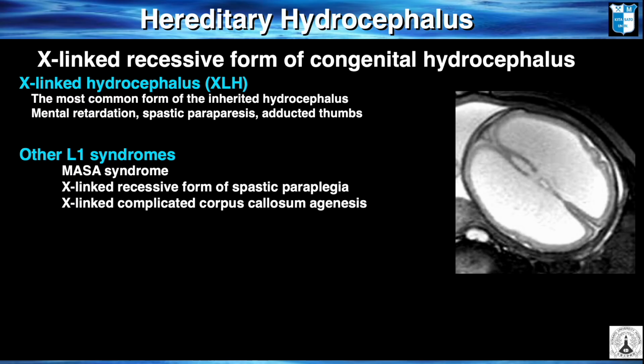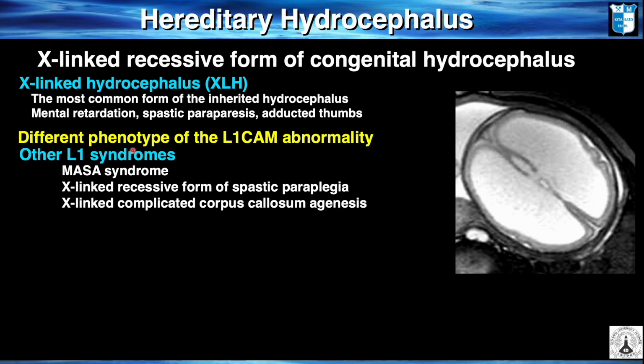This MRI shows the typical finding of the hereditary hydrocephalus called X-linked recessive form of congenital hydrocephalus. This is X-linked hydrocephalus, the most common form of inherited hydrocephalus. Mental retardation, spastic paraparesis, and adducted thumbs are the findings associated with this condition.